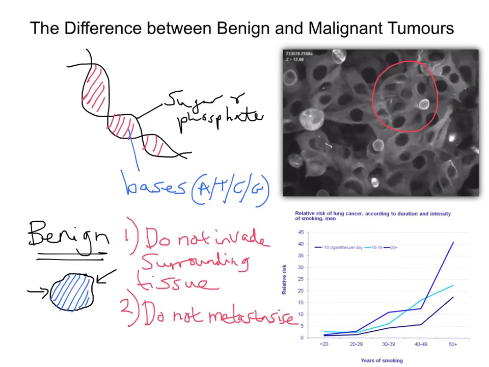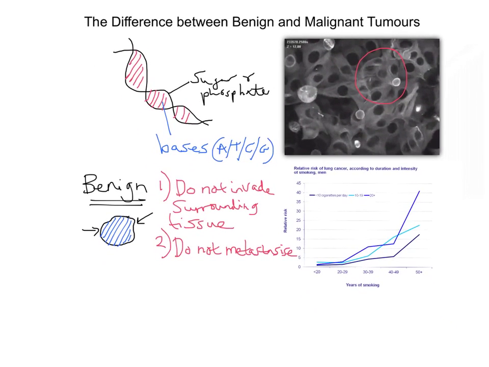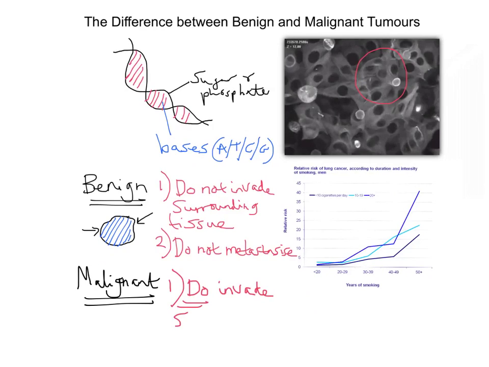When we think about cancer, what we're describing are malignant tumours. So I'm just going to reduce the screen down here. Malignant tumours are defined by, again, two clear things. They do invade surrounding tissue.